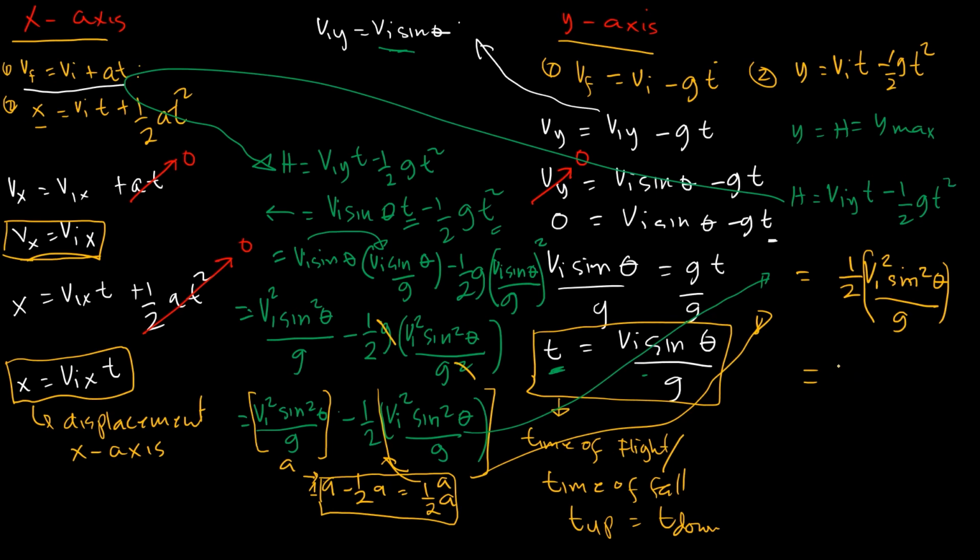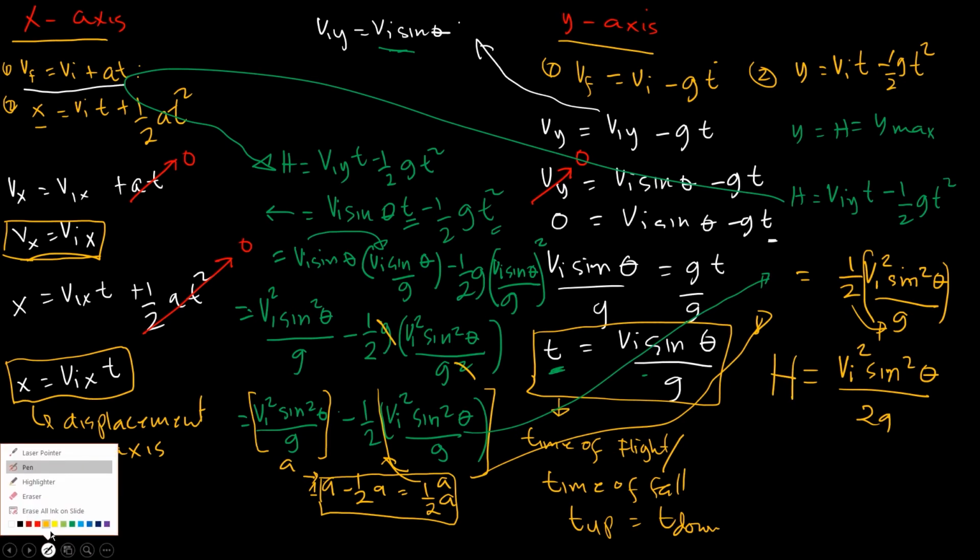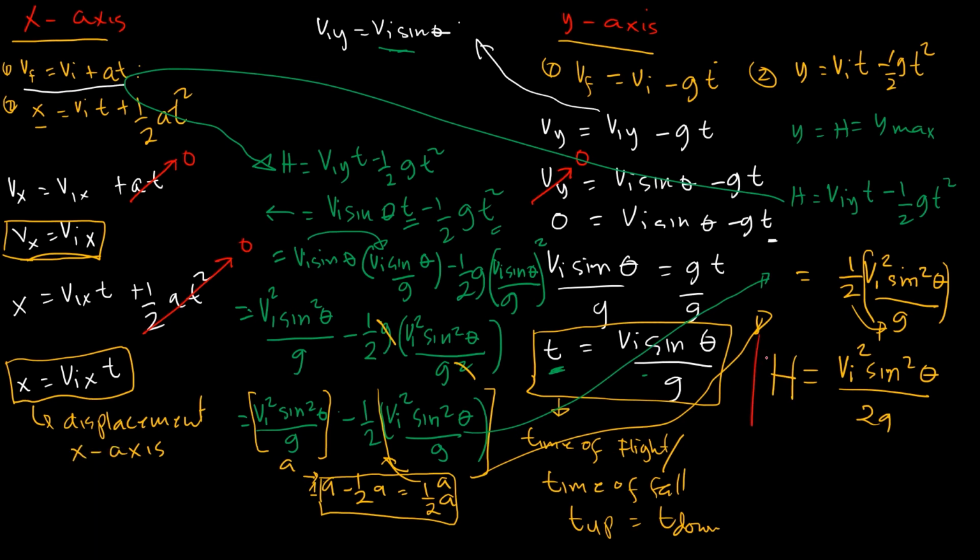This becomes v sub i squared sine squared theta divided by 2g, and this is our maximum height. So to solve for maximum height, we're going to consider this equation, and I will label this as maximum height. So this will be the equation for maximum height.